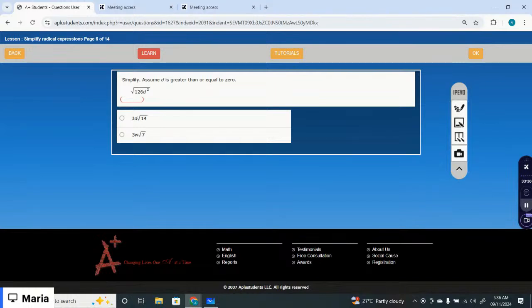Square root 126d squared, which is the correct option. That is 3d square root 14.